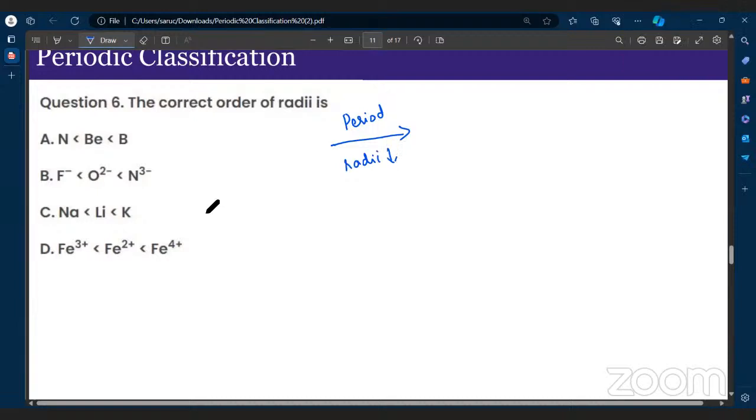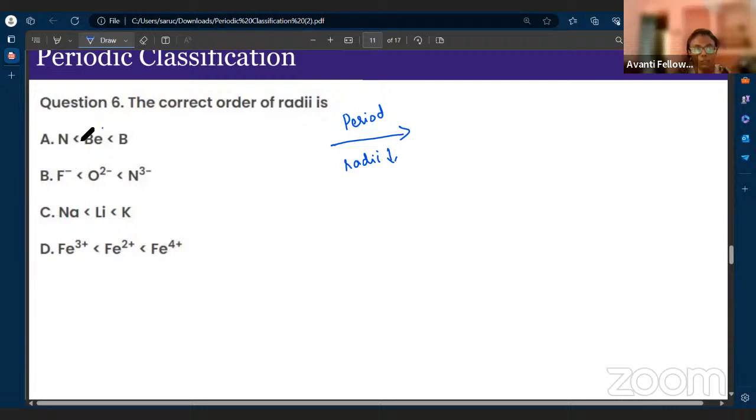And here you can see that beryllium comes in the middle. It means the order should be beryllium, boron, nitrogen. So the order should be something like this.